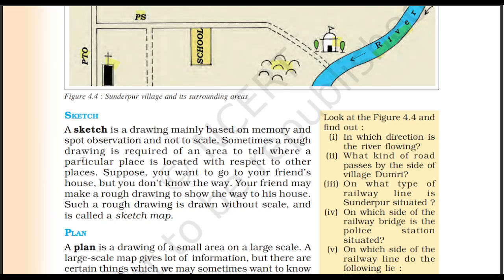Suppose you want to go to your friend's house but you don't know the way. Your friend may make a rough drawing to show the way to his house. Such a rough drawing, drawn without scale, is called a sketch map.